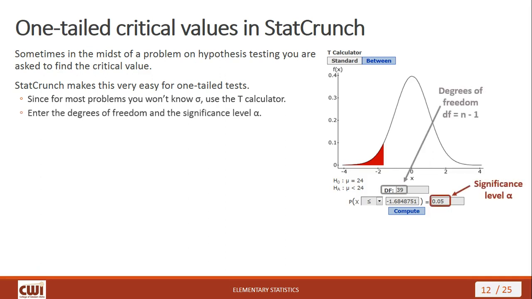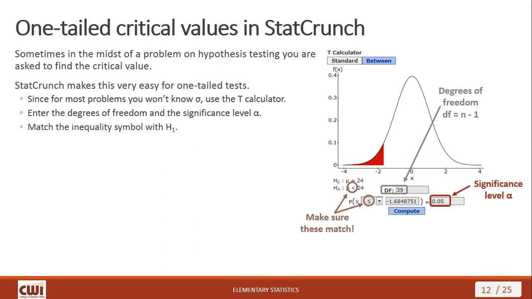Enter the degrees of freedom and the significance level alpha as you see here. So degrees of freedom go on the top. Remember, that's 1 less than the sample size. Significance level alpha is the area under the curve, so that's going to go to the right of the equal sign in your probability calculation.